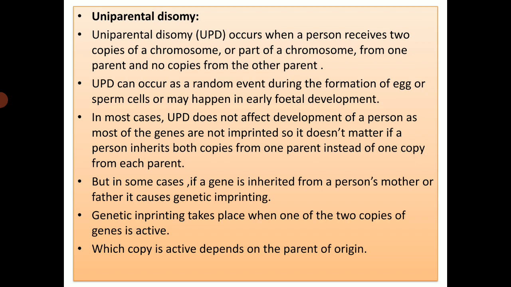The deletion arises differently during maternal or paternal gametogenesis. So, in short, when the person receives two copies of chromosomes or part of a chromosome from one parent, then only uniparental disomy occurs. So, let's first study Angelman syndrome.